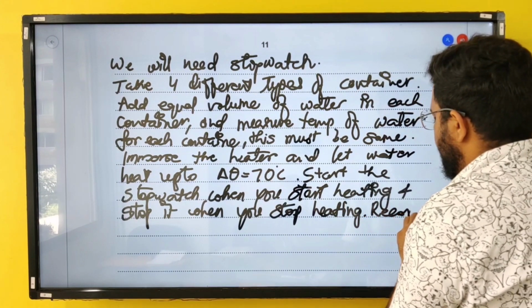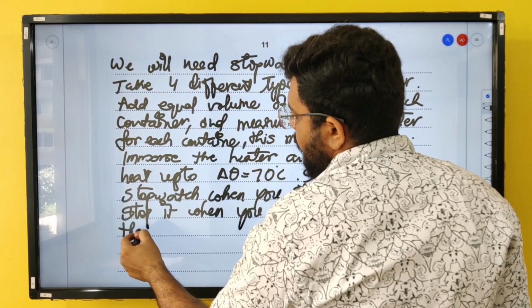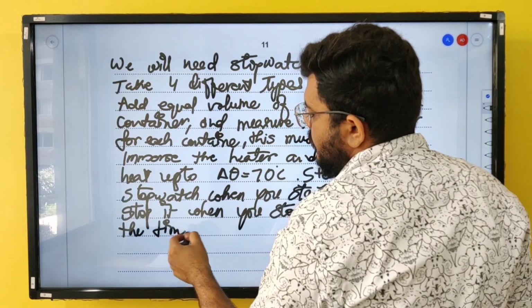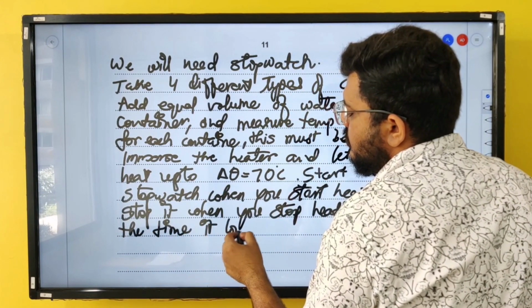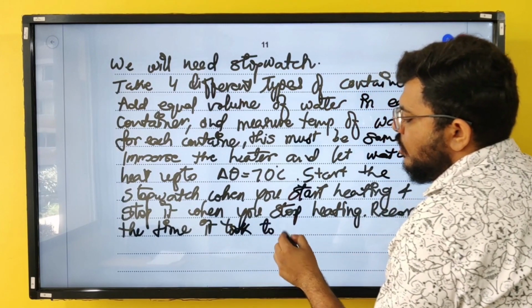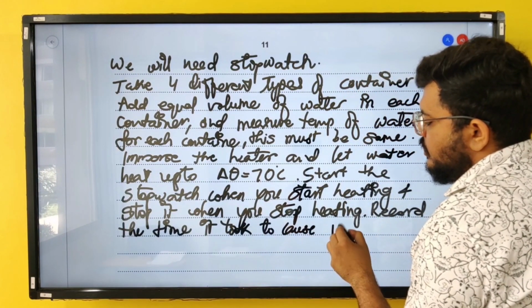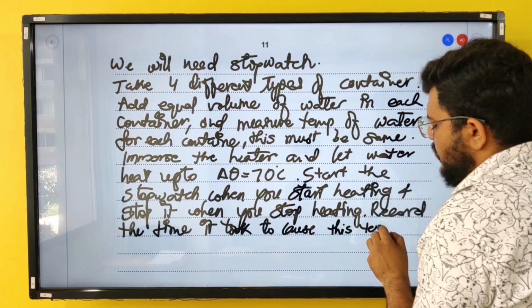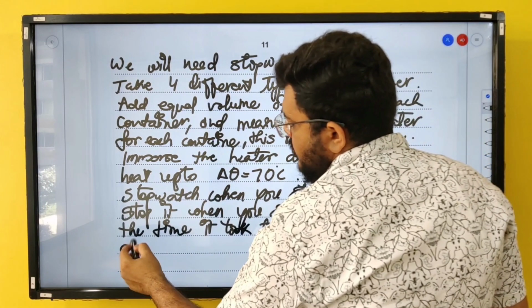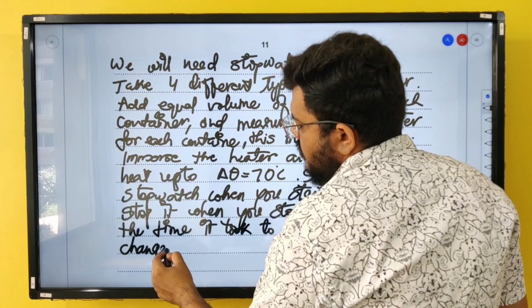Record the time it took to cause this temperature change, right?